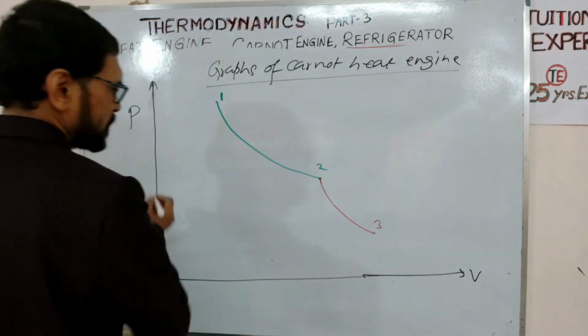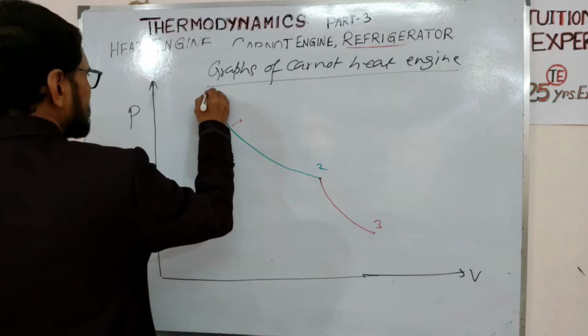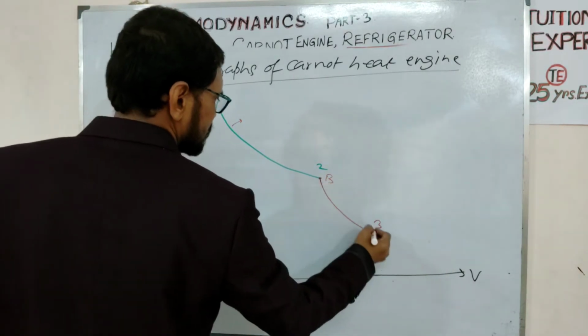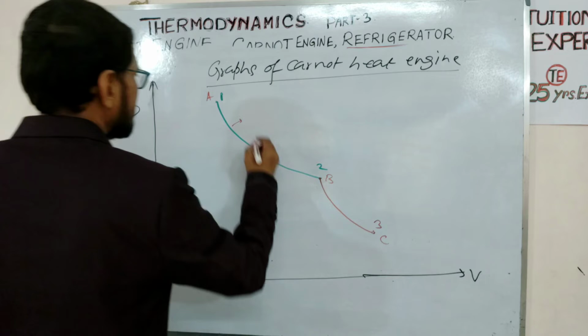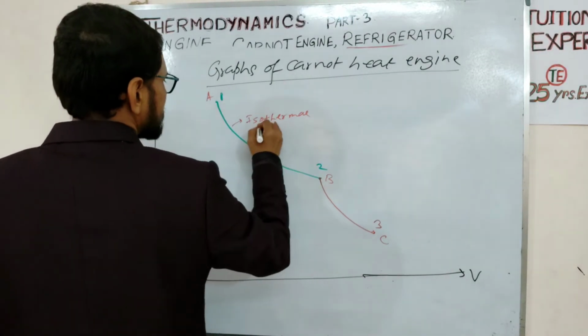Next, compression takes place. So suppose this process is A to B to C. AB is isothermal expansion.